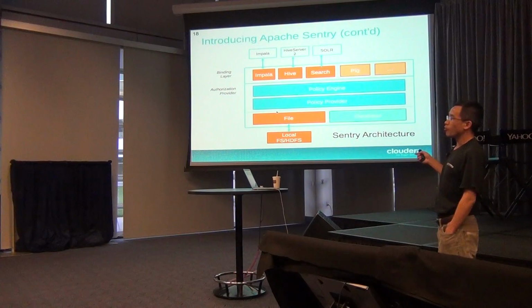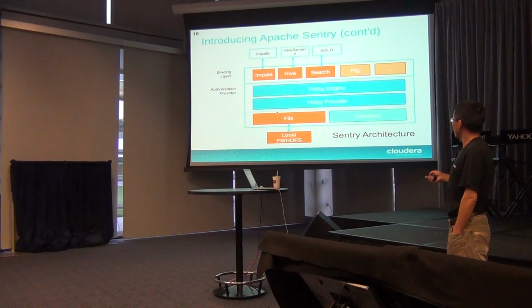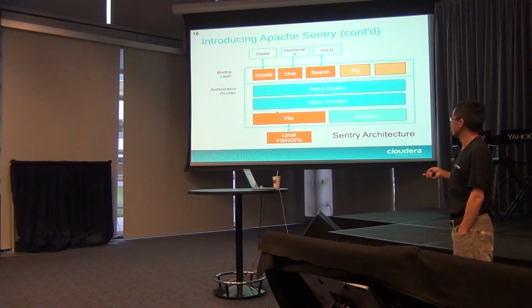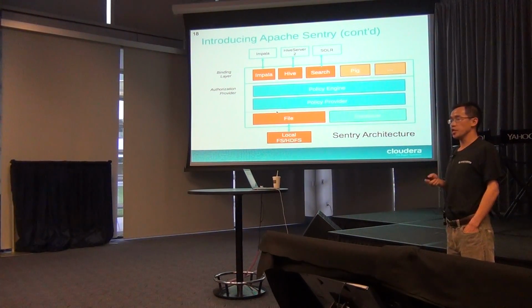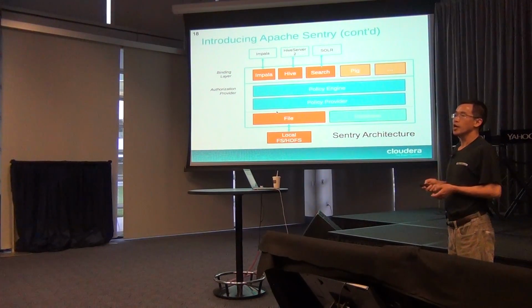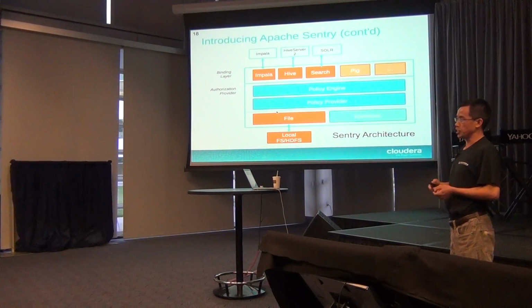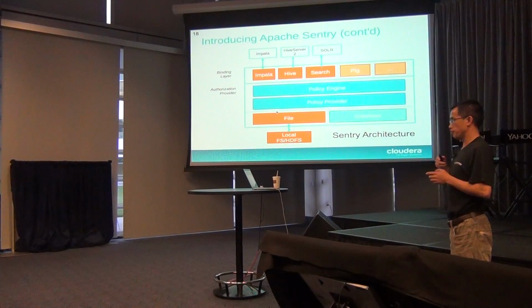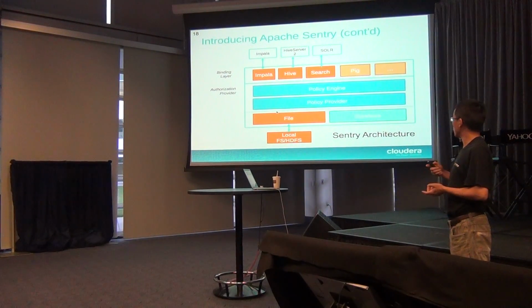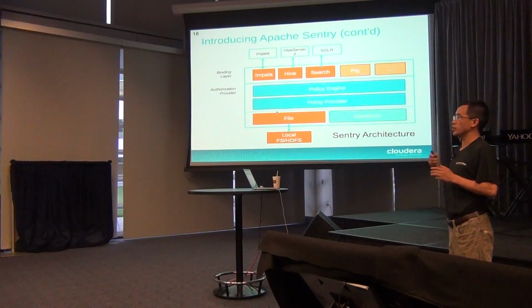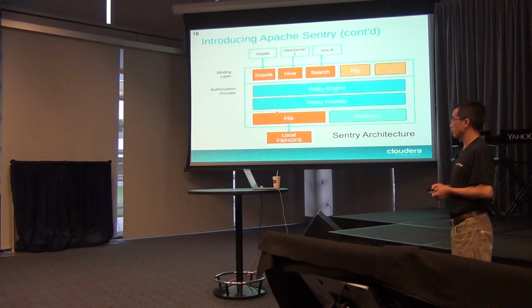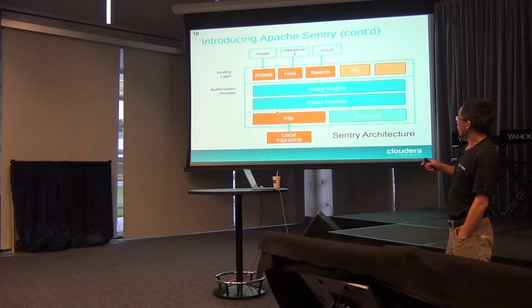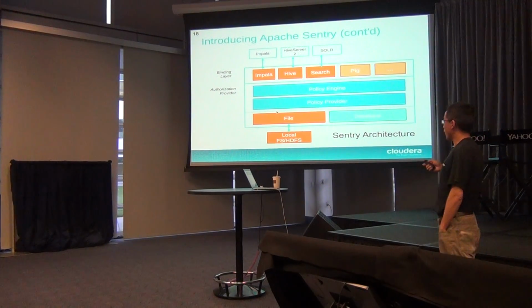This is the overall architecture of Apache Sentry. In the middle, we see the two blue or green boxes, which are the policy engine. It does the actual authorization, evaluating based on the policy rules that are provided, and determines whether the access should be granted or rejected. On the top is the binding layer.